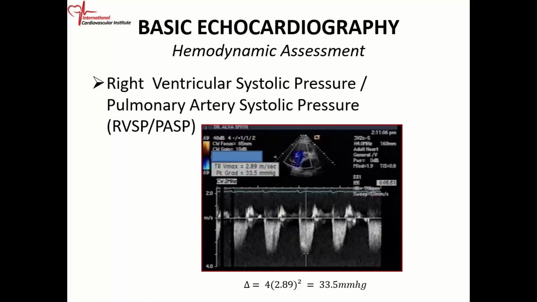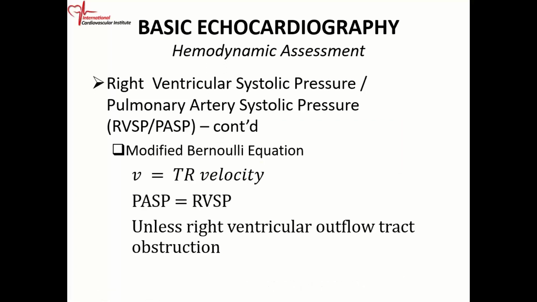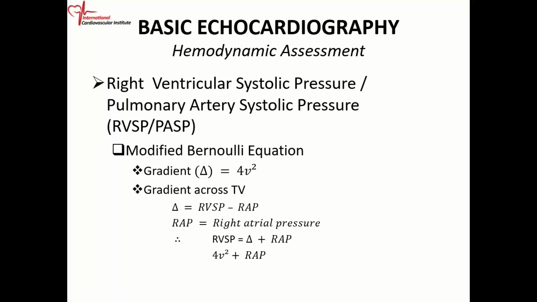Remember, let's go back. The gradient is equal to the RV systolic pressure minus the RA pressure. If we want to calculate the RV systolic pressure, then we have to transpose the RA pressure over here, and rearrange the equation.